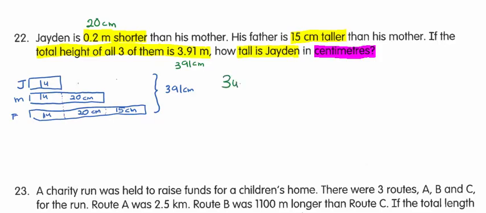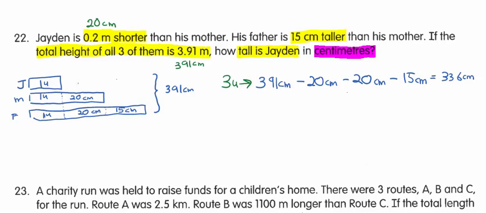3 units will be, let's erase this. Will be 391 cm minus 20 cm minus 20 cm again, and then minus 15 cm, and that will give me 336 cm.